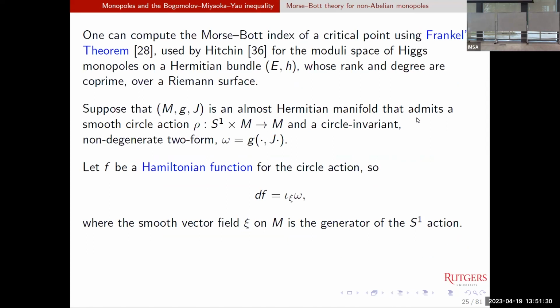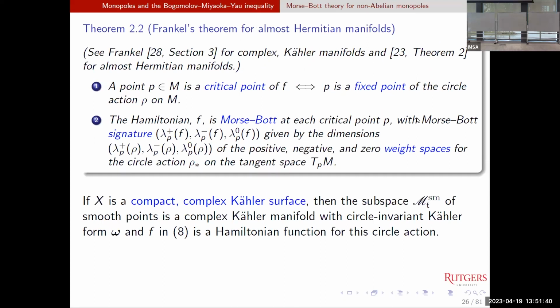All right, so the nice trick that Hitchin uses in his paper to compute Morse indices is the following. That is, if F is a Hamiltonian function for a circle action, then critical points of that function correspond to basically the circle action. And then the Morse index can be computed as one of the first configurations of corresponding weight spaces.